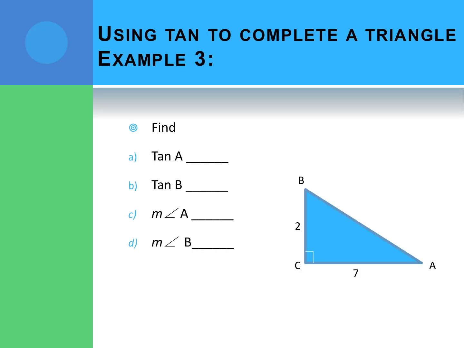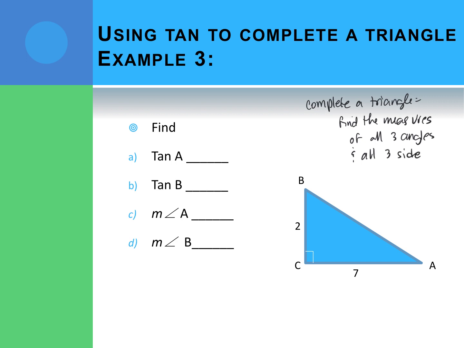So again, how do I use a tangent to complete a triangle? Well, first of all, let's talk about what we mean by complete a triangle. When we say we want you to complete a triangle, that means we want you to find the measures of all three angles and all three sides.